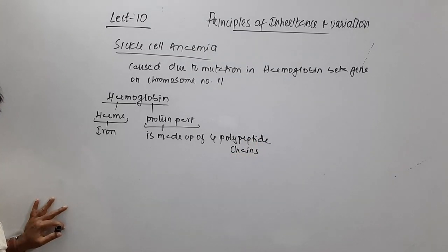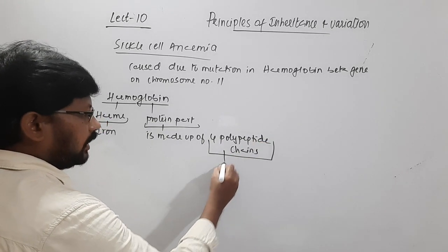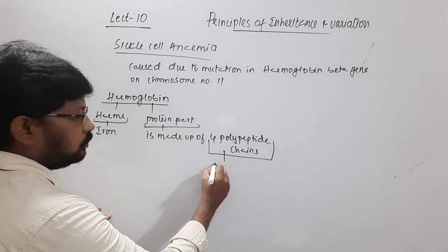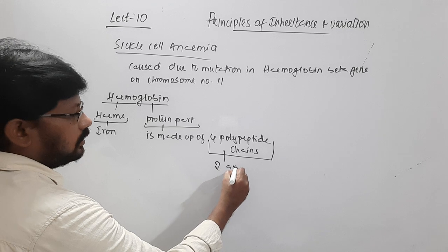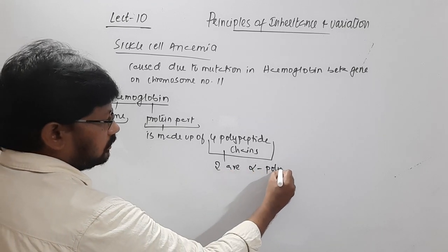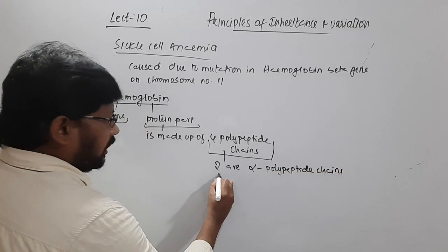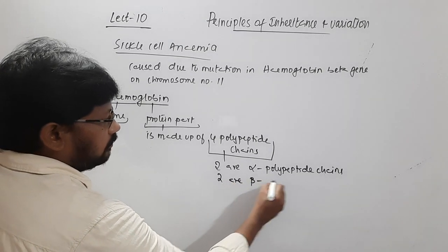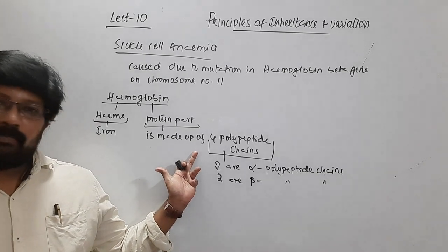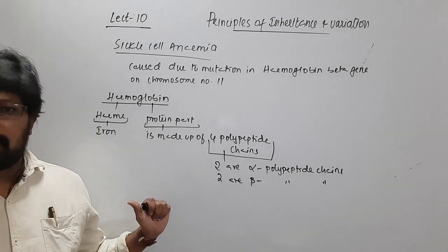Out of these four polypeptide chains, two are alpha polypeptide chains and the remaining two are beta polypeptide chains.